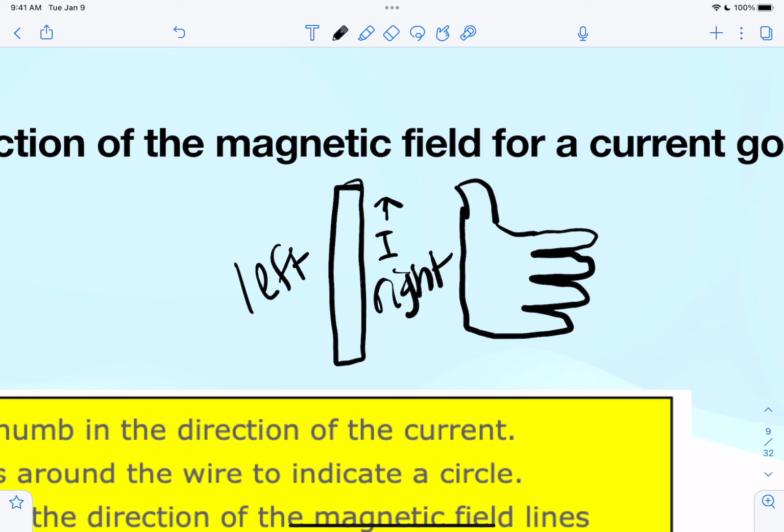But if I flip it the other way around, where I'm looking at the left side of the wire, I can see that my fingers are curling upwards out of the page. So here I'm going into the page, and then if I come around back to the left of the wire, I'm coming out of the page like this. Does that make a little bit more sense?